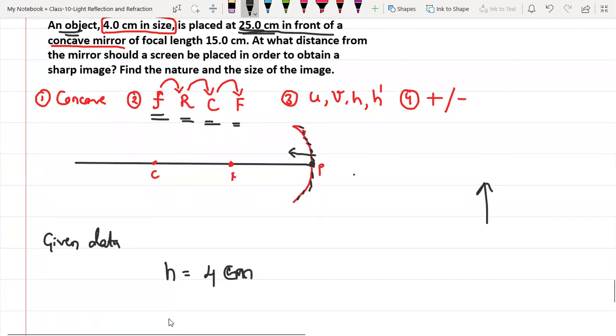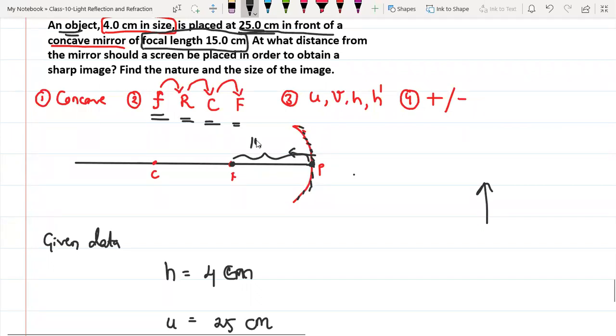So let us write U is equal to 25 centimeter. U value is equal to 25 centimeter. Given data of focal length: 15 centimeters. Guys, you can see the question. Focal length is 15 centimeter. Now this is focal length, right?